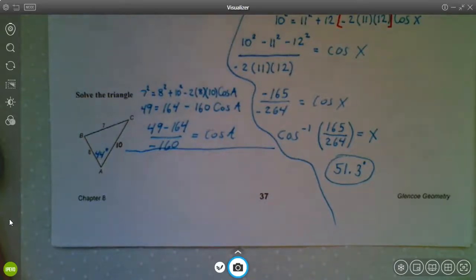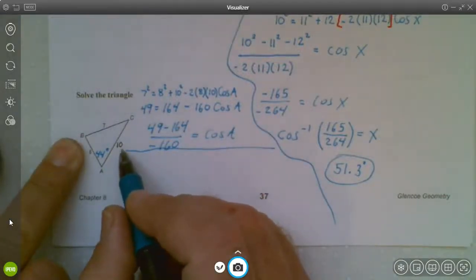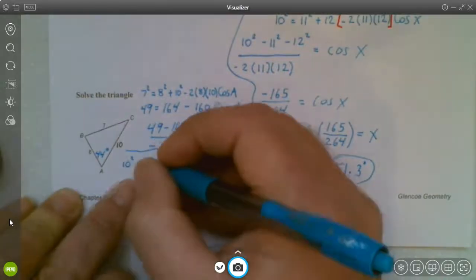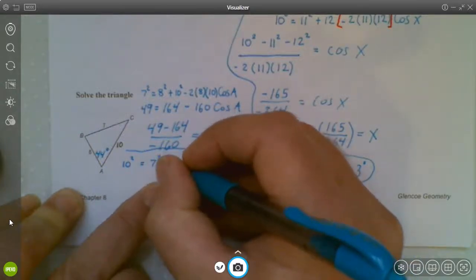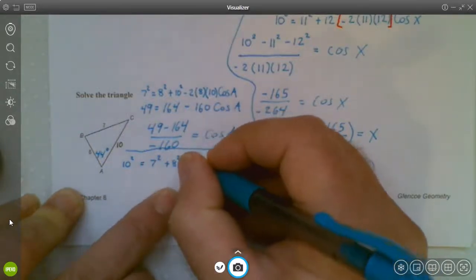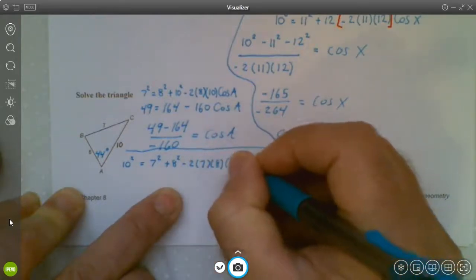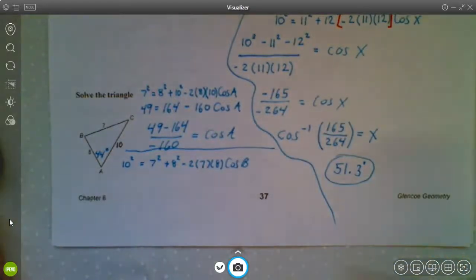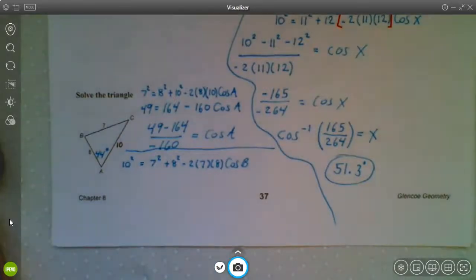So let's just say we wanted to go after angle B as my next one. So if I'm going to use angle B, again, the 10 is across from that. So I'm going to isolate the 10. Seven and 8 can be the other two sides. So there's our setup. Exact same math, so if you want to practice this, then I definitely encourage you to do it.